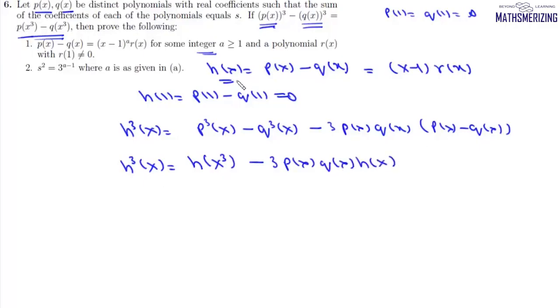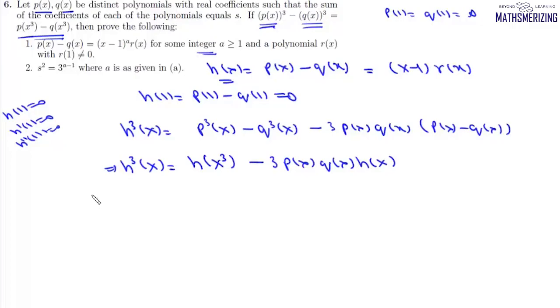Now if H(x) is a function having root 1 with multiplicity a, then we have to prove that H(1) is 0, H dash 1 is 0, H double dash 1 is 0, up to a times. So what we'll do is we'll differentiate this function.